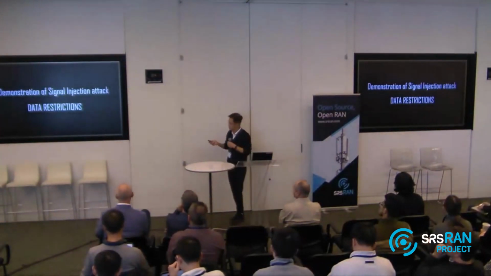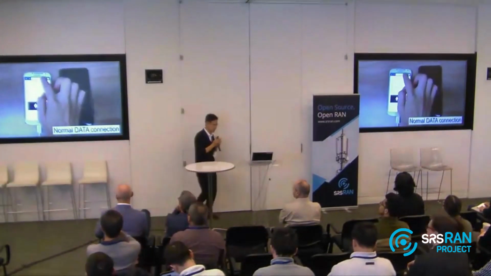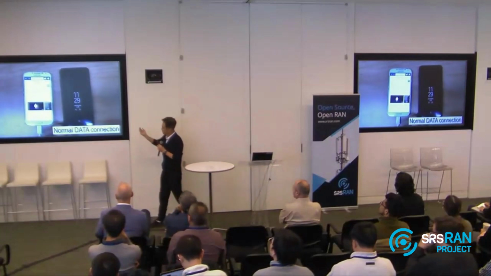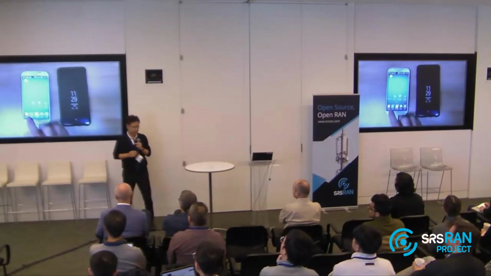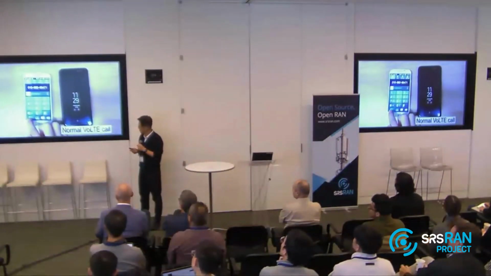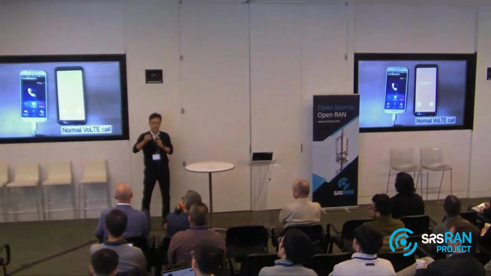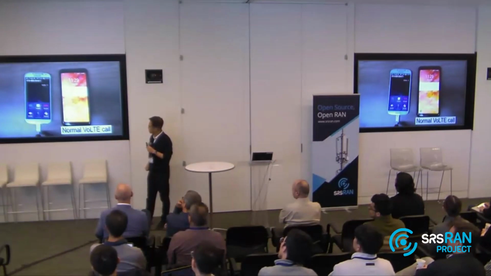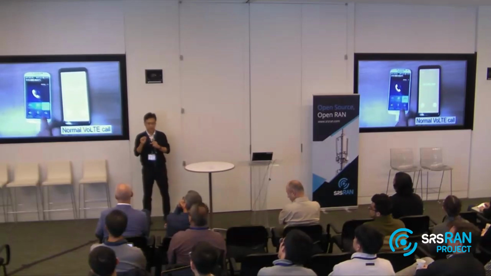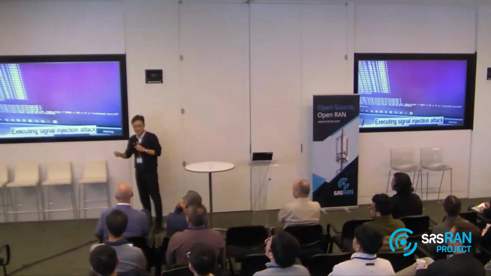This is a very interesting attack called access barring. I want to skip it, but probably I cannot, so I'll explain it. The phone works normally: the core is working, browsing is working. The cell tower sends broadcast messages every millisecond, and the attacker will inject a message using signal overshadowing.